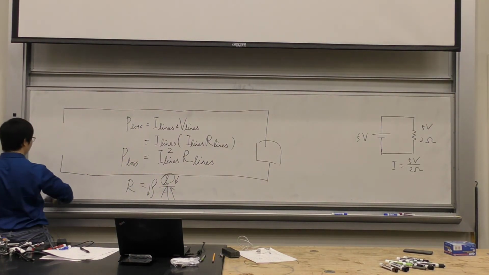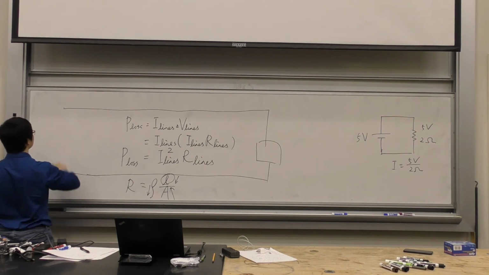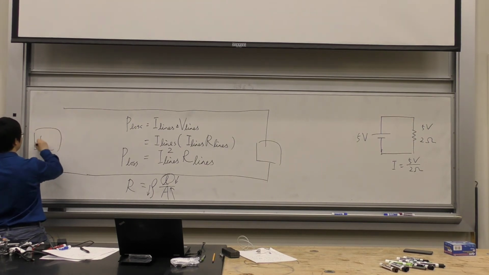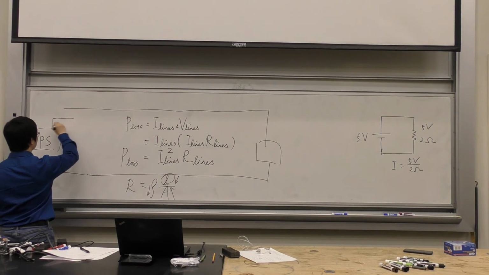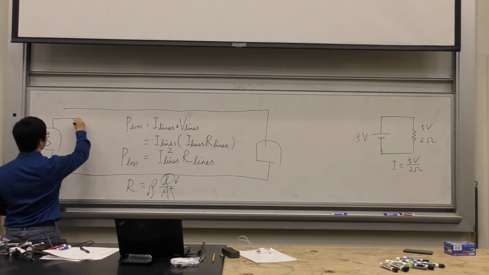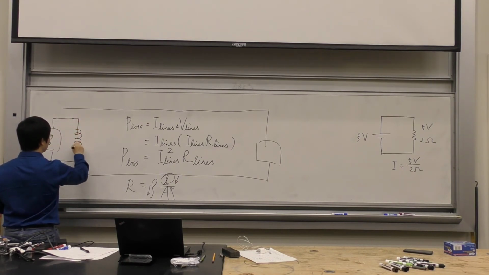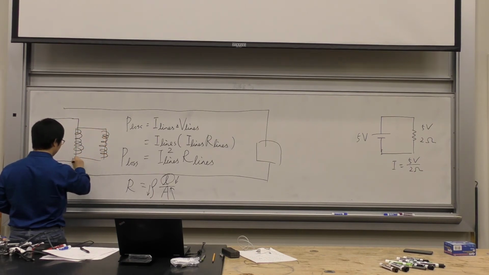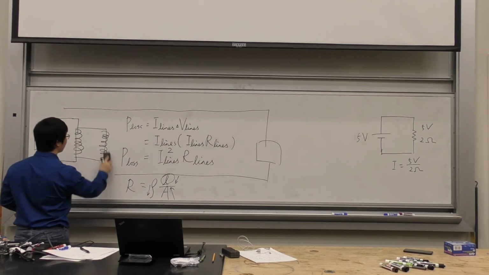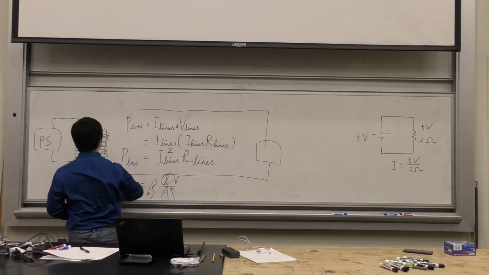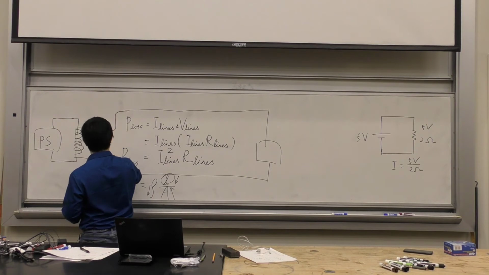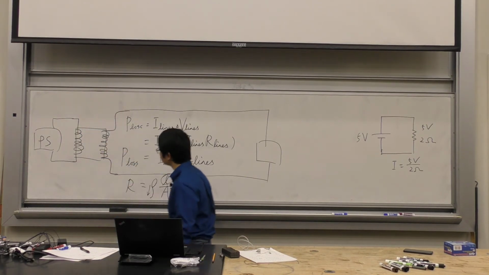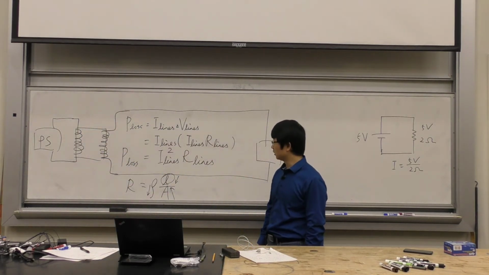So if this is a power station, I'm not going to deliver the power directly. I'm going to have this connected to a transformer first, and then reduce the current, and then use that in the secondary to deliver the electricity to a city.